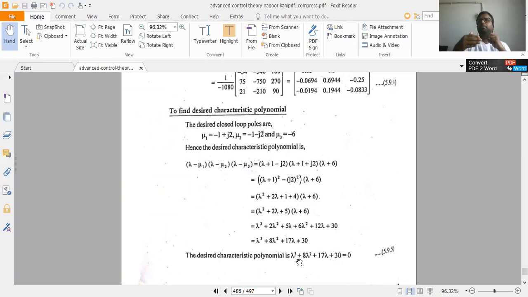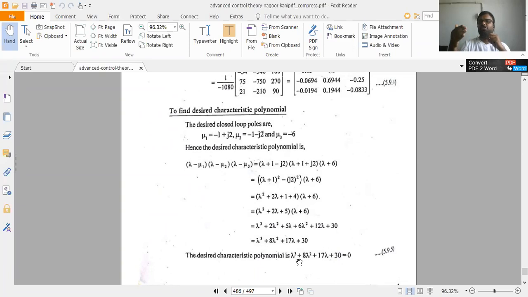Before entering into the methods used for determination of the capital K, initially you have to determine all these parameters.